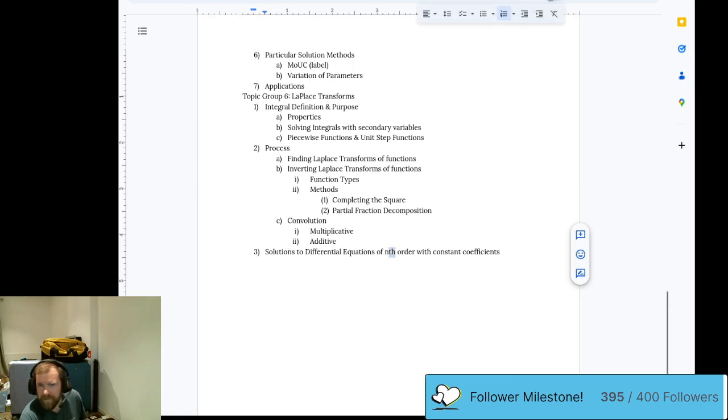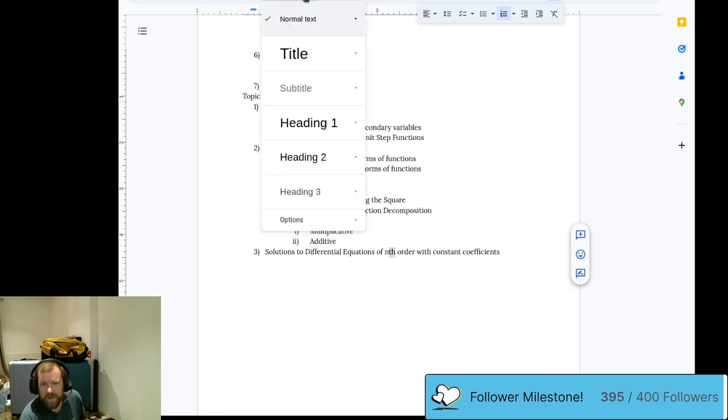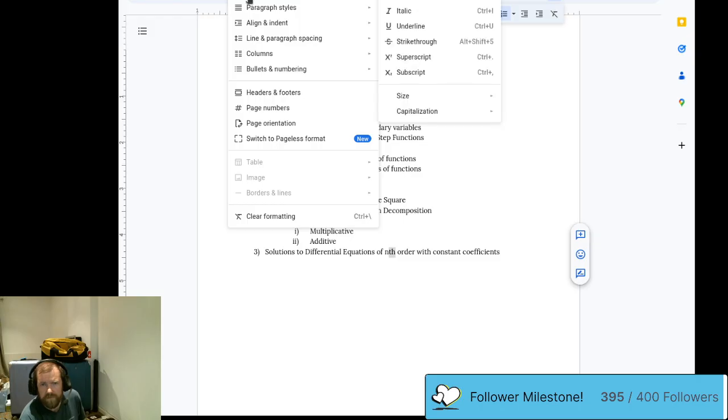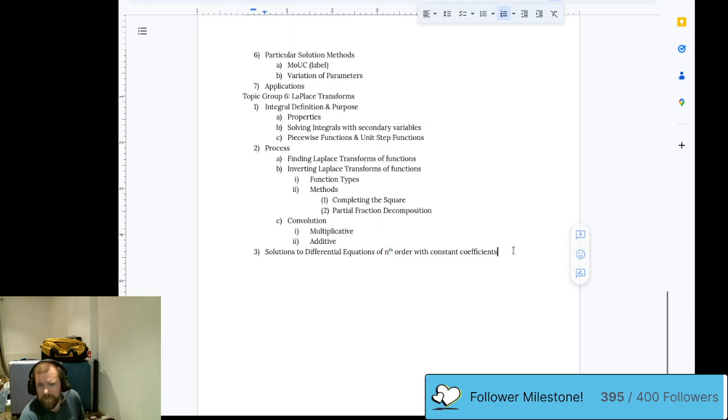Okay, we want this to be a superscript, not that. Superscript. Okay. Homogeneous, inhomogeneous doesn't really matter because it's just gonna fix itself real fast.